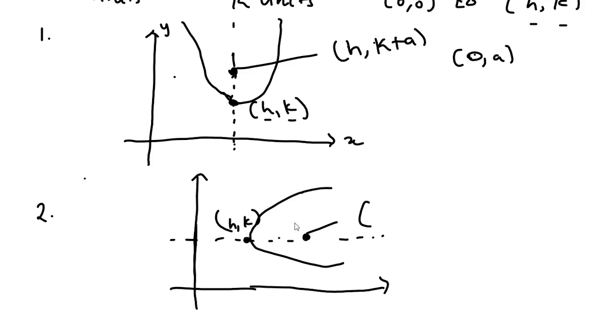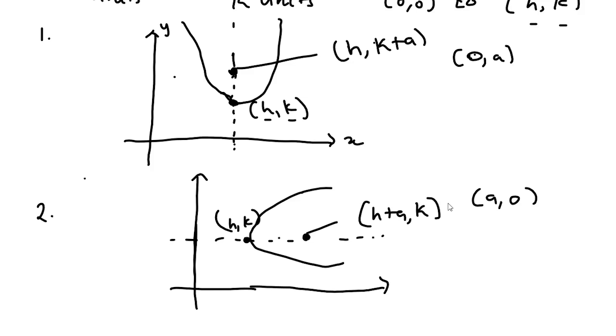Initially, if it is at the origin, it is (a, 0). So the new distance h will be added to this, so we have h plus a, then k plus 0, which gives us k. And that is that for the focus when it comes to the translation.